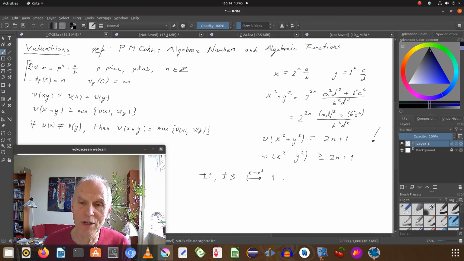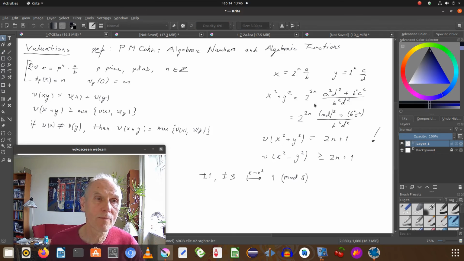It's 1 or 9, so it's 1 modulo 8. That means that the difference, if we subtract them, so if there's a minus here, oh, that should have been outside too, then it's 0 modulo 8, and that means that it's actually larger than 2n plus 3, not plus 1.